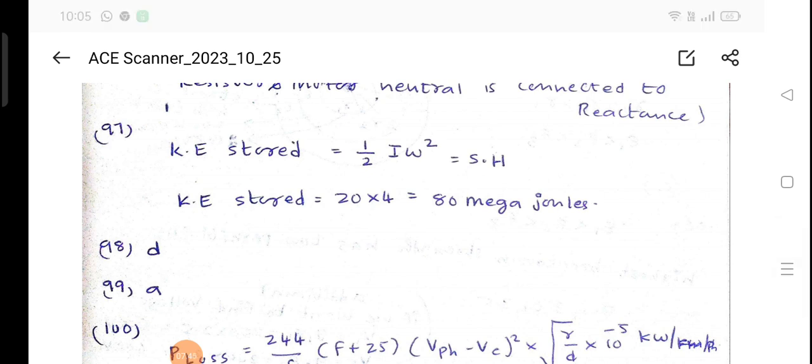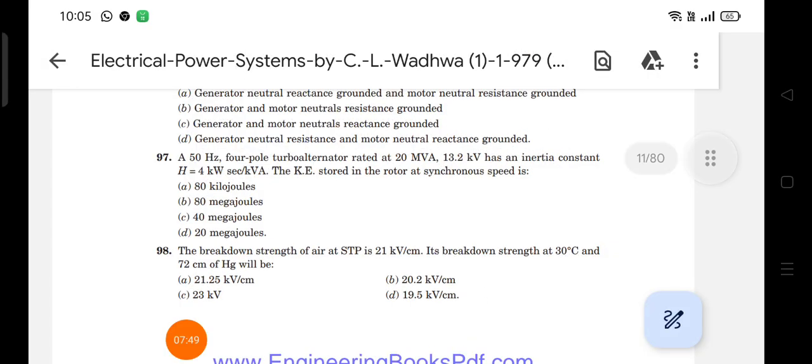Now see here, in the given problem, S and H values are given, right? S, the rating, is 20 MVA, H value is 4. Then the kinetic energy stored in the rotor at synchronous speed is S into H, that is 20 into 4. S is in MVA, right?